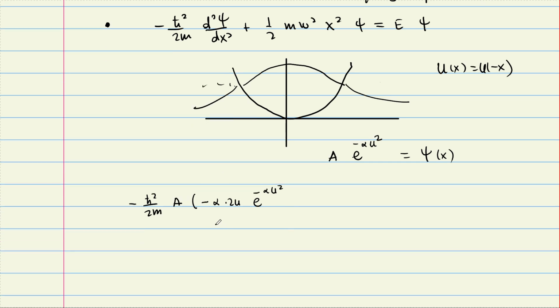And if I take one more derivative, I can take the derivative of this, which is going to be minus alpha times 2 e to the minus alpha u squared, or I can take the derivative of the second thing, it's going to be 2 alpha u squared e to the minus alpha u. Okay, u is x, so this is x, sorry about that, x squared.